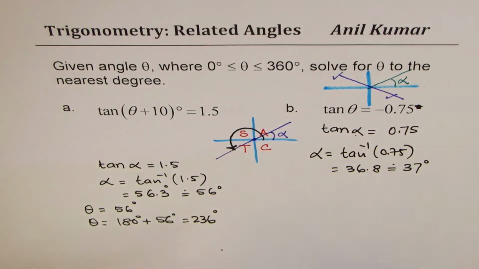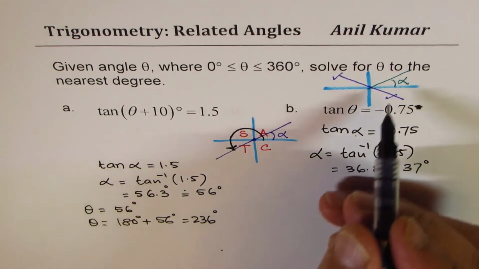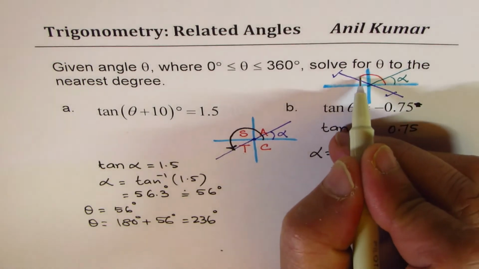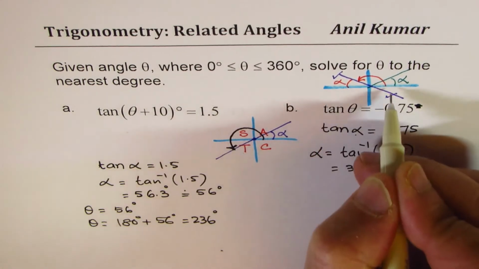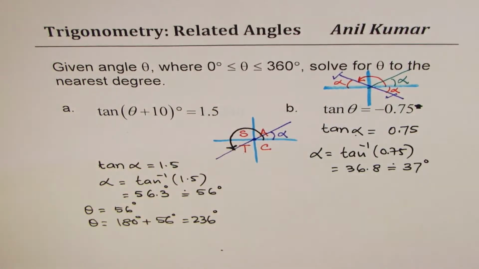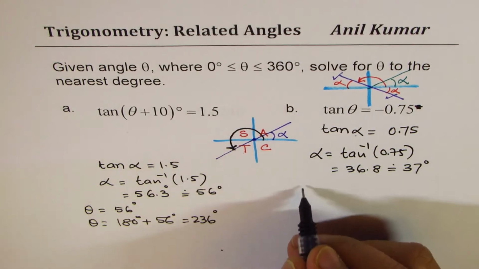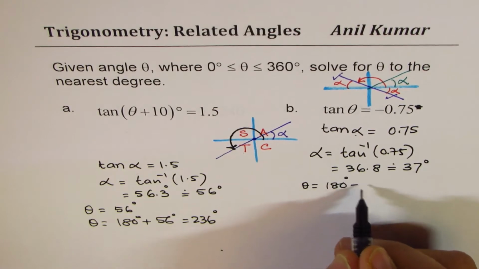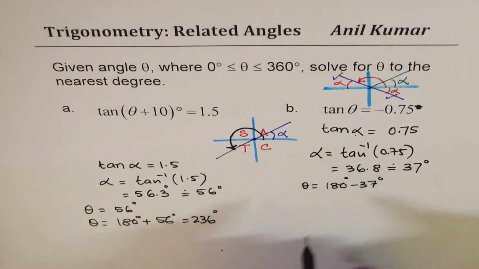Now since alpha is 27 degrees, what are the two answers? Well, one of the answers is right here. This is alpha, right? That is also alpha. So the answer here will be theta, the principal angle, is equal to 180 degrees minus 27 degrees. That is one solution.